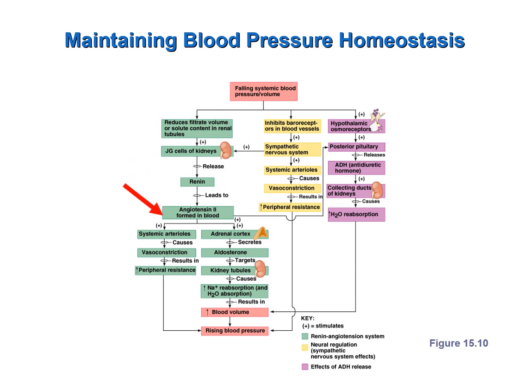A substance called angiotensin 2 is formed in the blood, and that targets the adrenal cortex and causes the adrenal cortex to release aldosterone into the blood. Aldosterone then targets the kidney tubules, causing reabsorption of sodium, reabsorption of chloride, and following that sodium and chloride, reabsorption of water.